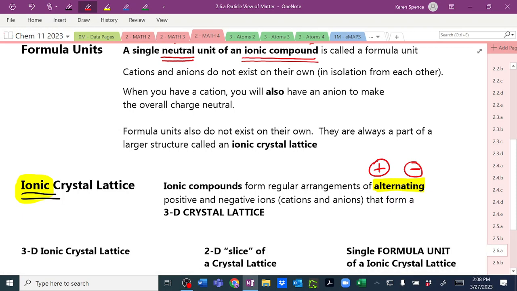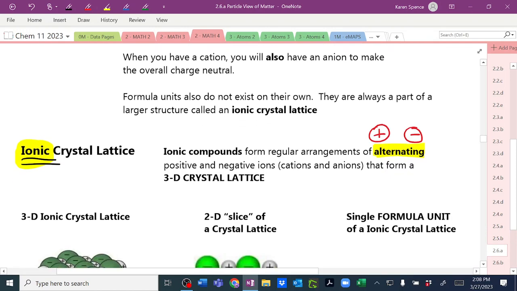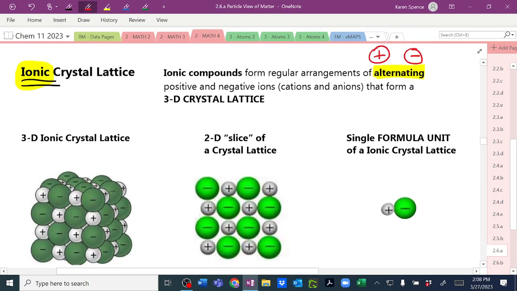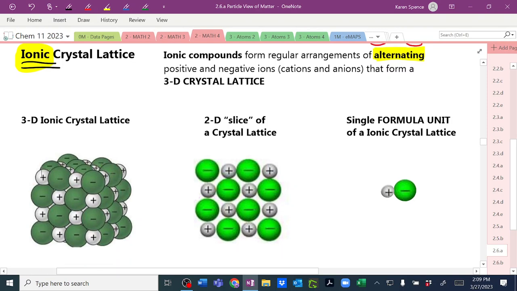So when you're looking at the structure and you're like, is this an ionic crystal lattice? You can look and say, oh, look, it alternates positive, negative, positive, negative. Yes, alternates. It's kind of harder to see in the three-dimensional structure, but if we take a simple two-dimensional slice, it's really easy to see that it goes negative, positive, negative, positive, negative, positive, negative. Yeah, alternating.